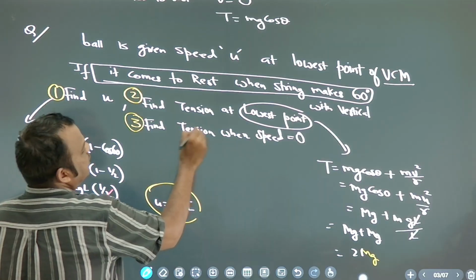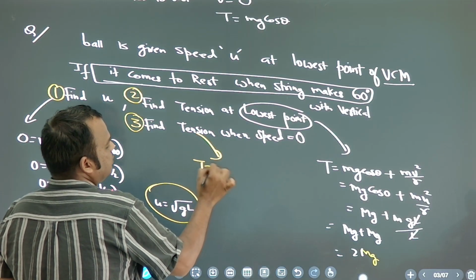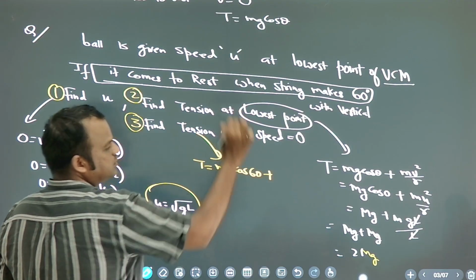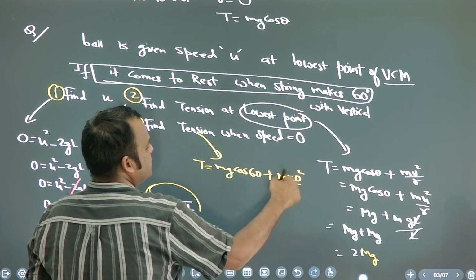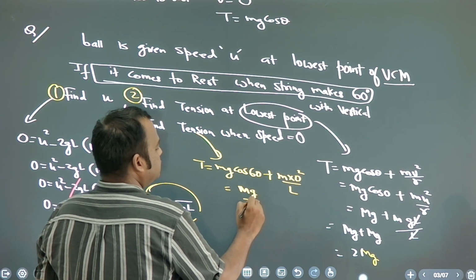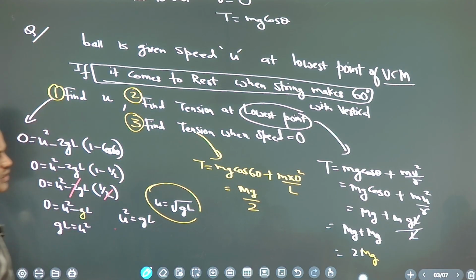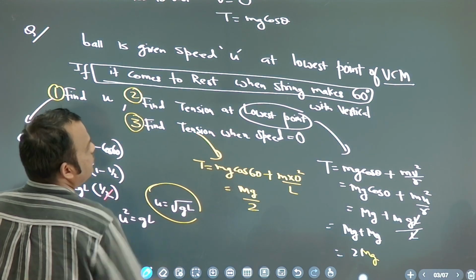What is the tension formula? Same formula. T is equal to mg cos 60 plus m into 0 square by l. This is 0. So what is the answer? Cos 60 is 1 by 2. Clear? Okay, good. This question is finished.